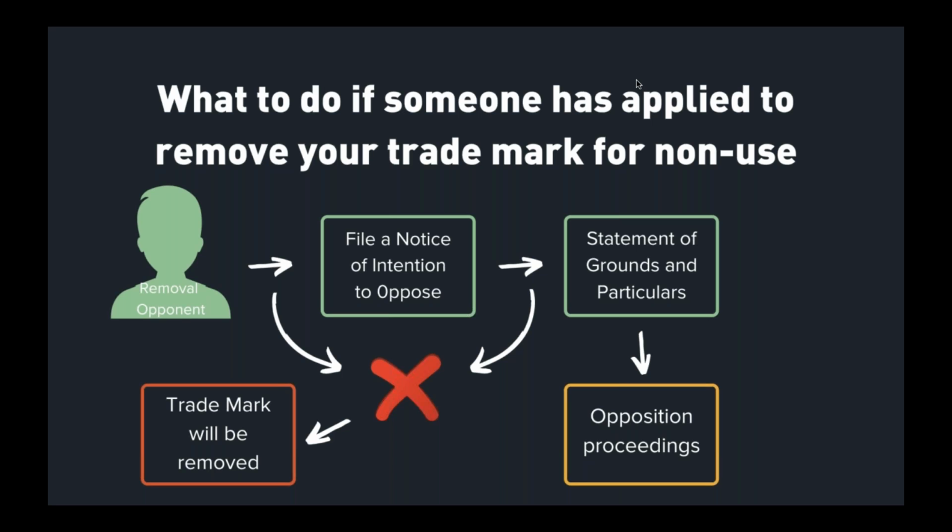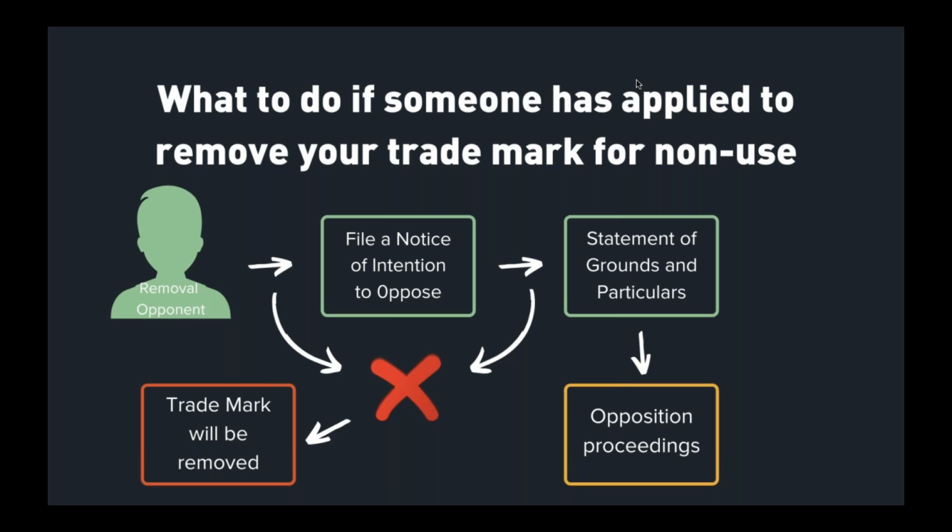For example, if Lisa wants to oppose the removal of her trademark, she would need to file a notice of intention to oppose within the 2 months that Ben's removal application is advertised. It's important to note that if Lisa does not file a notice of intention to oppose within the advertised period, her trademark will be removed from the register.